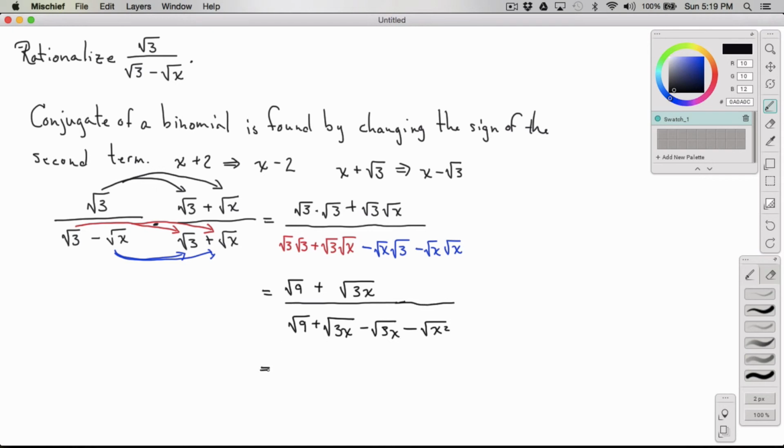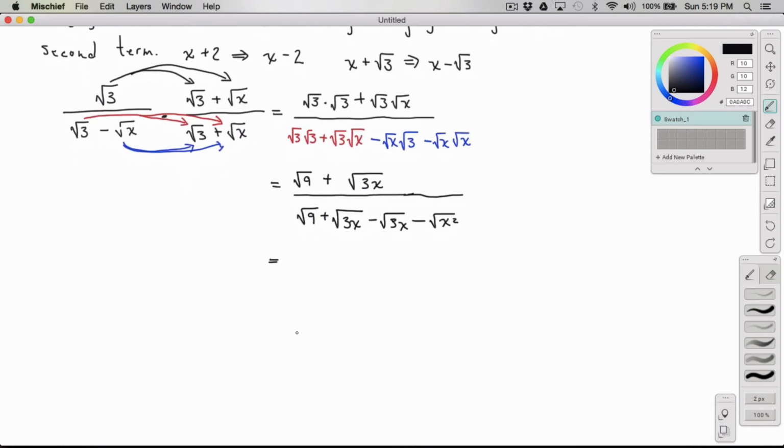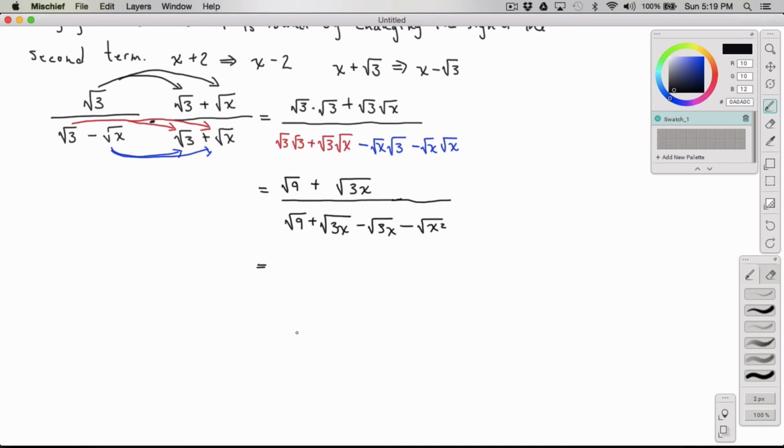Now, let's simplify what we have. We have the square root of 9, which is 3. So I have 3 plus the square root of 3x, which can't be simplified, so the best we can do is just leave it as the square root of 3x.